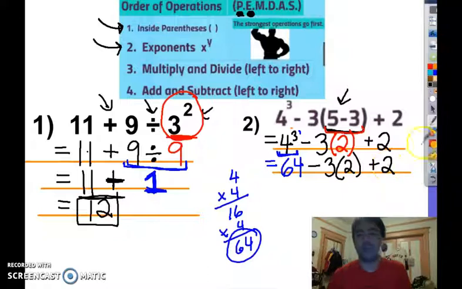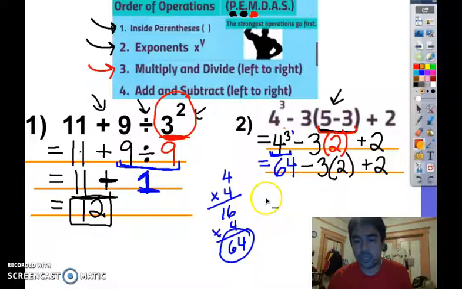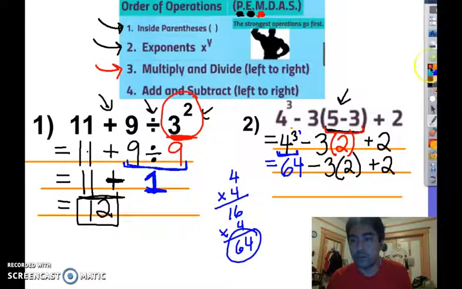Okay, now the next step is letter M, which is multiplication or division. Looking over here, do I see any multiplication or division? Yes, I do. But you might not know this, or you already do, that this is actually multiplication.